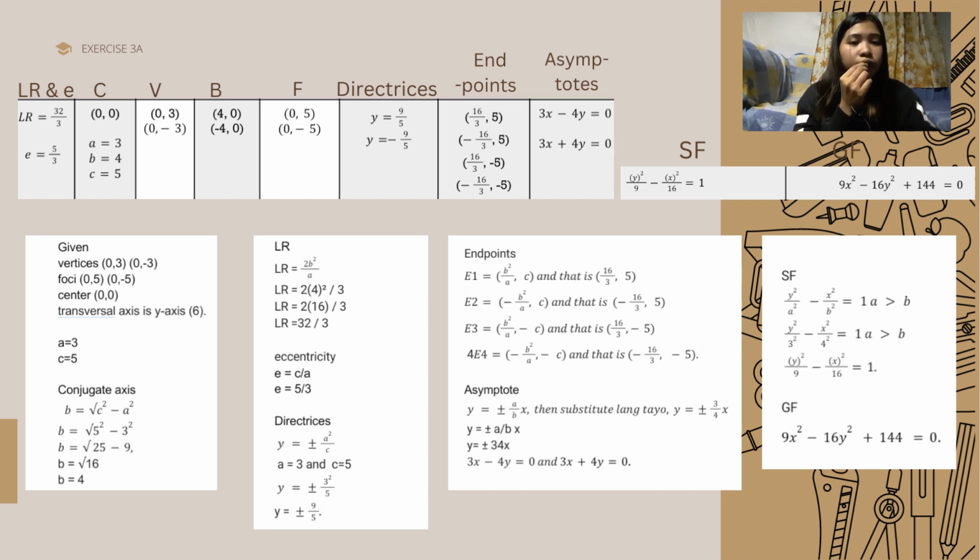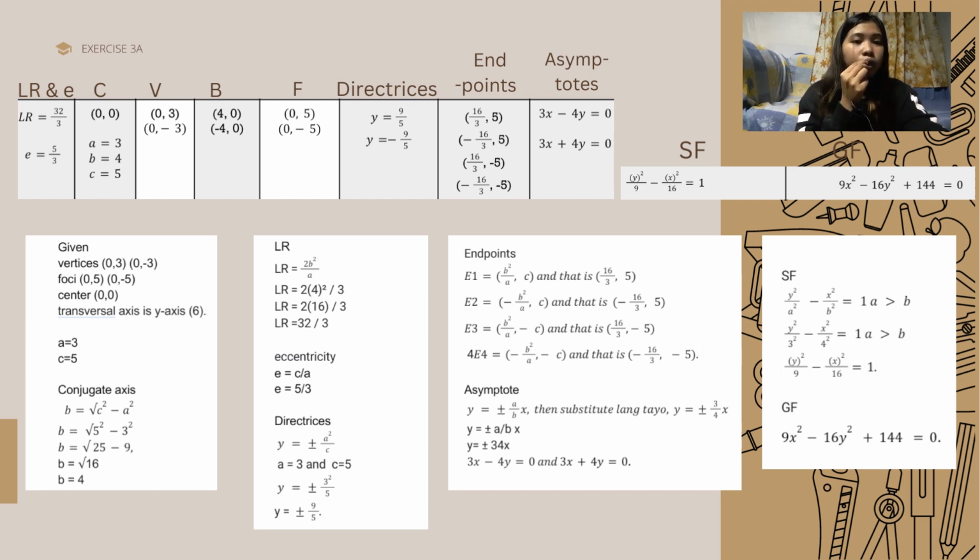So, after that, makukuha na natin yung answer sa letter C natin, which is C is equals to 5 or positive 5. After that, pwede naman natin makuha yung ating letter B or yung tinatawag natin na conjugate axis.